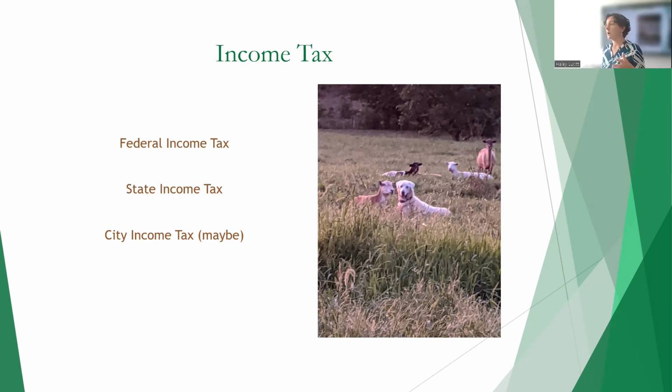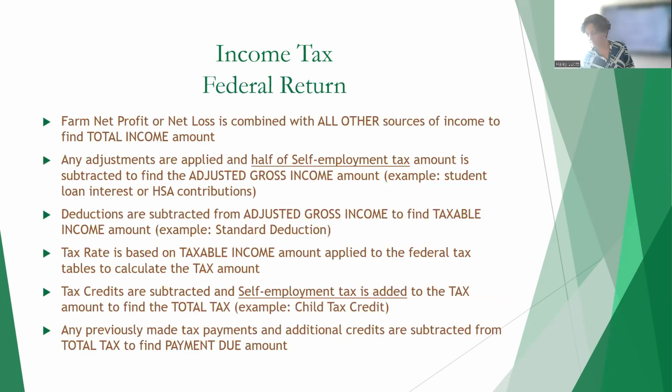If you have a job or your partner has a job, your legal spouse has a job, then all of that income gets reported on the federal income tax, the 1040, and they're all added together. That is some details on how all of that works.